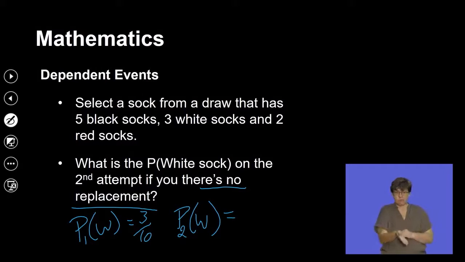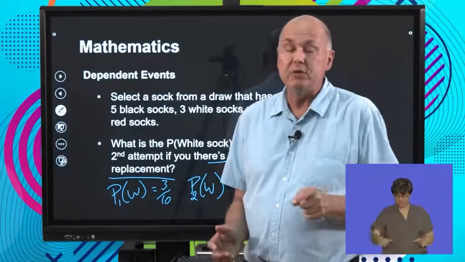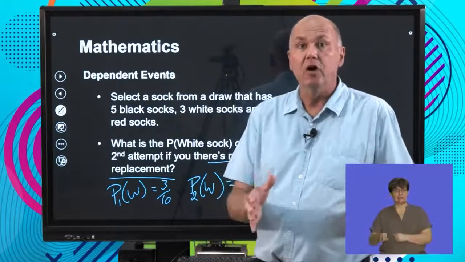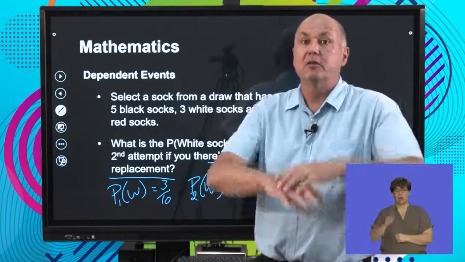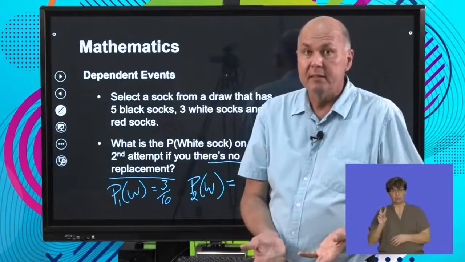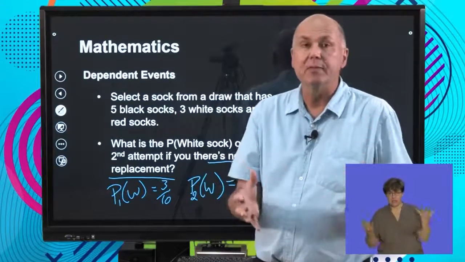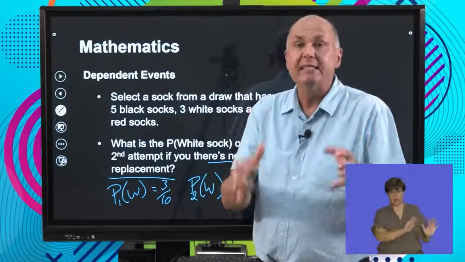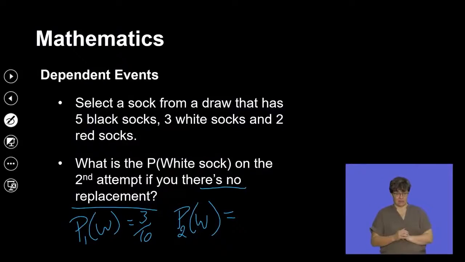Well, if I didn't put the white sock that I took out back, then I've got one less white sock. So I've now got 2 white socks. What's the total sample space? Well, the total sample space is no longer 10, it's 9. So if you look here, it would be a probability of 2 out of 9.